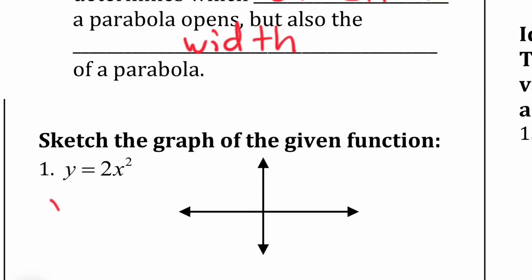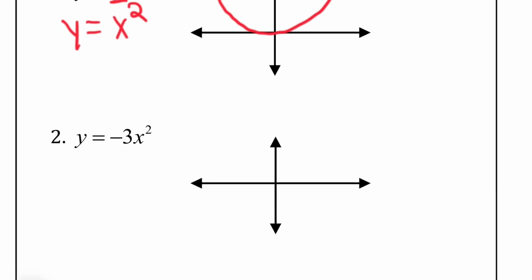For example, instead of y equals x squared, if it is a positive 2, it will look more like this. If we have a negative 3, it will look like this.